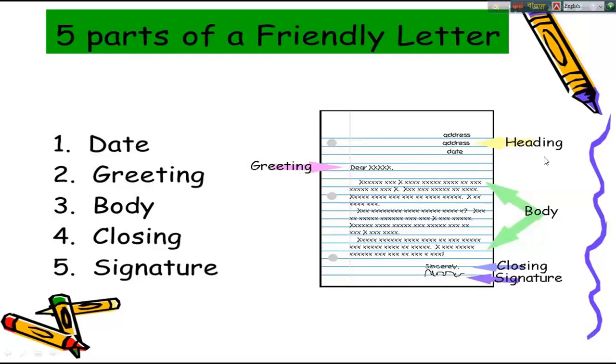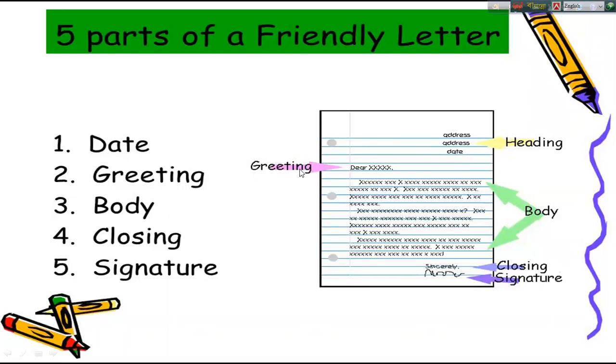So in heading, what should you write? Address and date. You can follow this way, this style, or you can follow another one that I will show you later. In heading, in this part, you should write address and date.